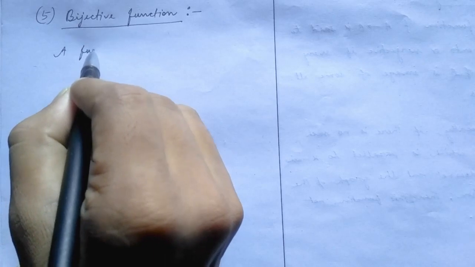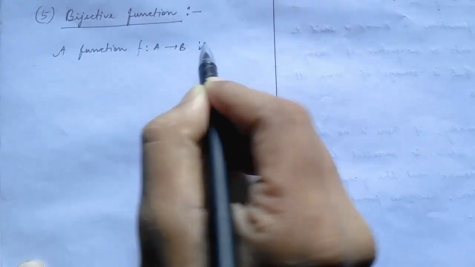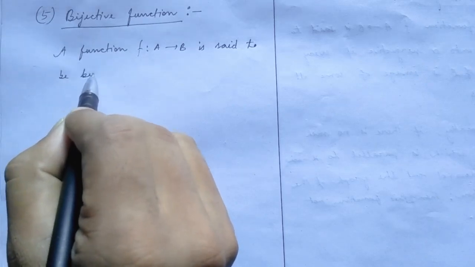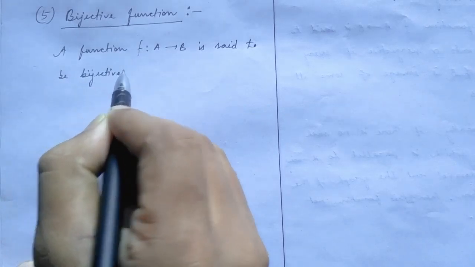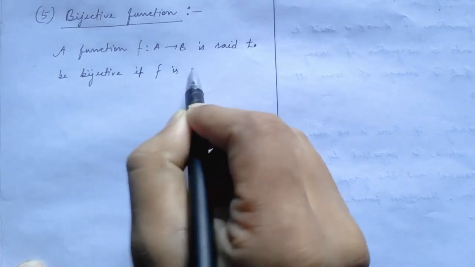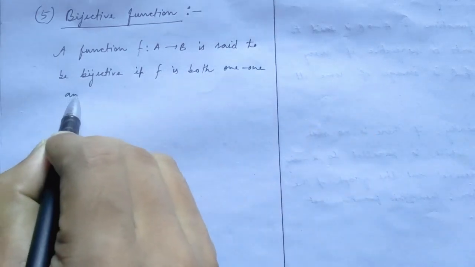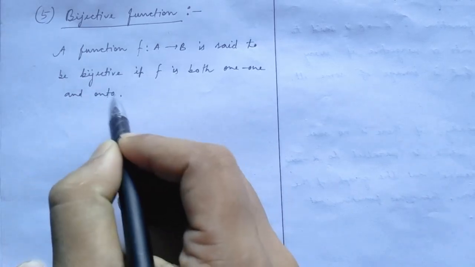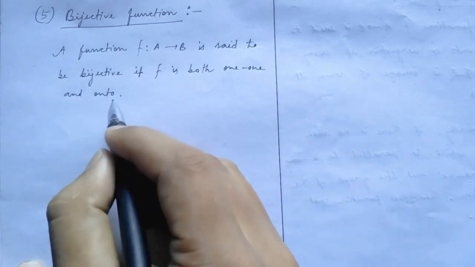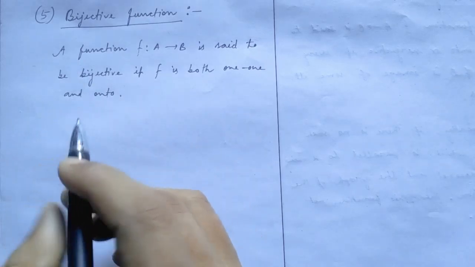A function f from A to B is said to be bijective if f is both one-one and onto. So this is the last type of function, which is the bijective function.